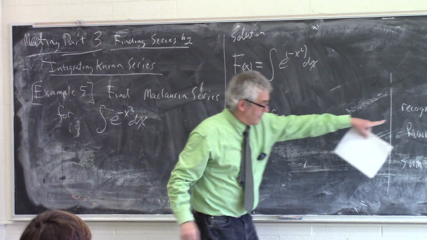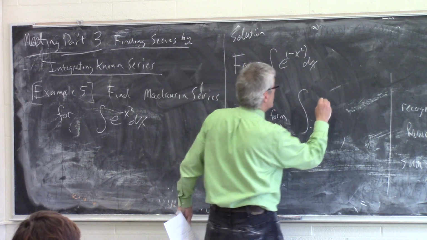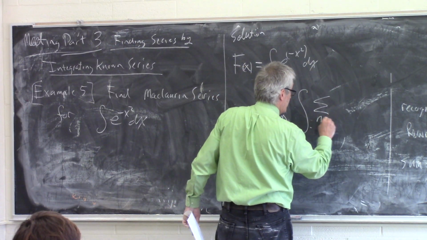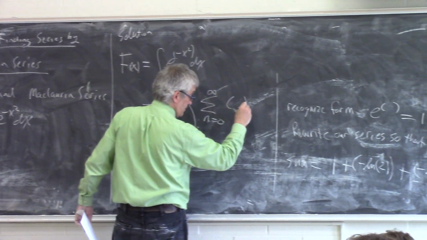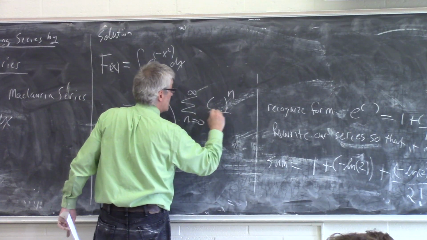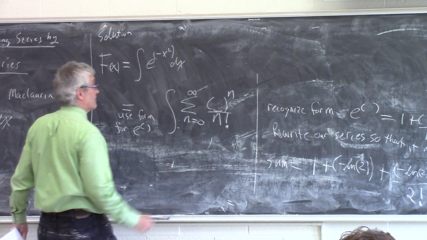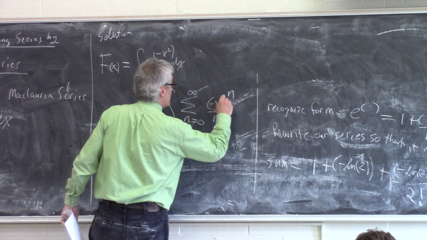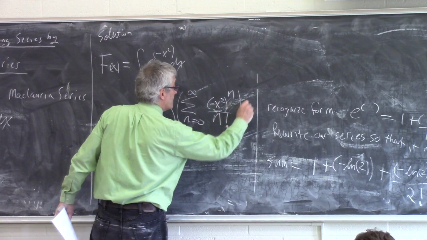That's sitting right there. So this is going to be the integral of the sum as n goes from 0 to infinity of parentheses to the n over n factorial. Now what's inside those parentheses is minus x squared. And then this is all sitting inside of the integral symbol.